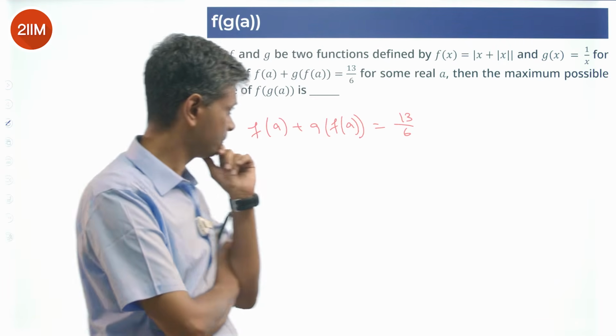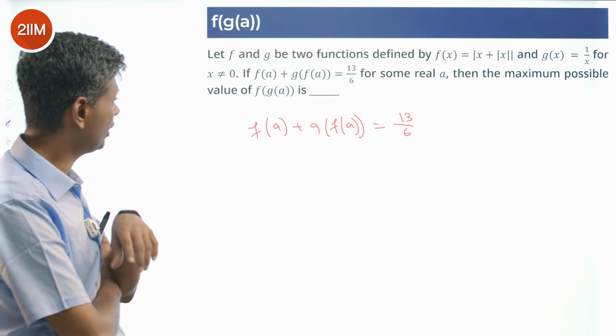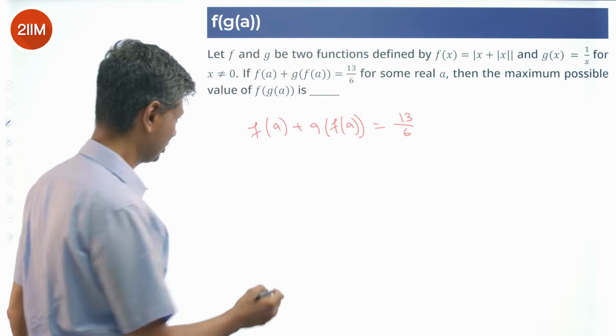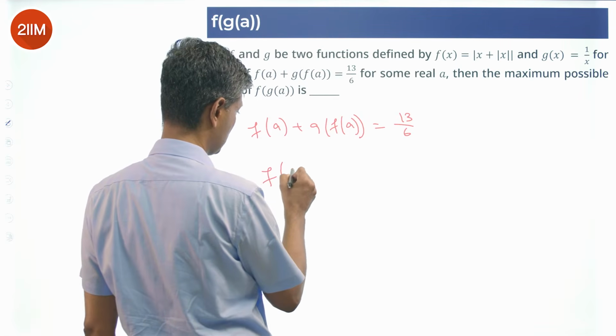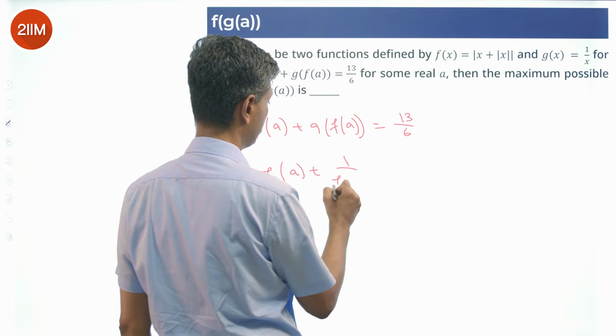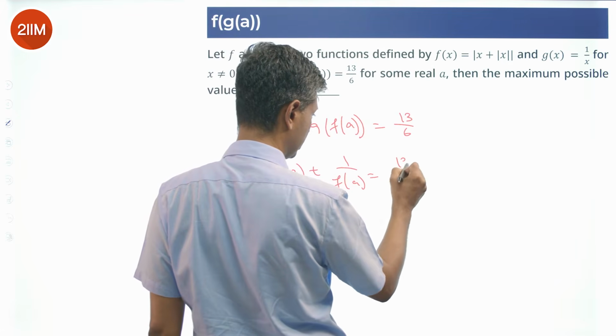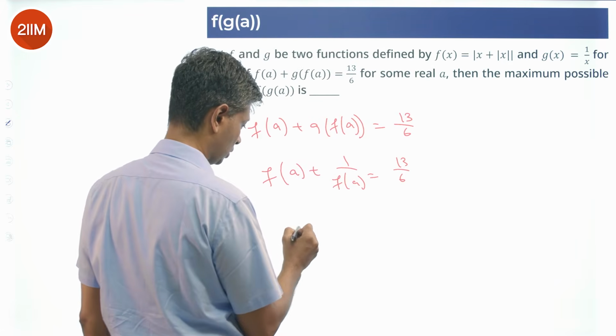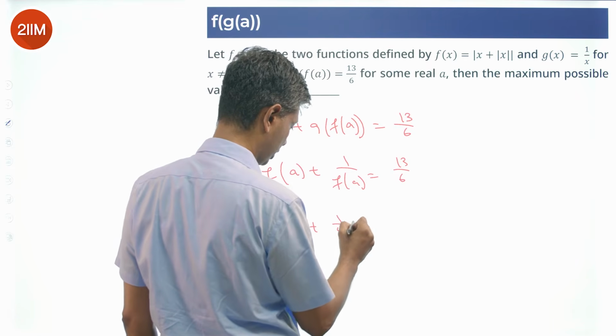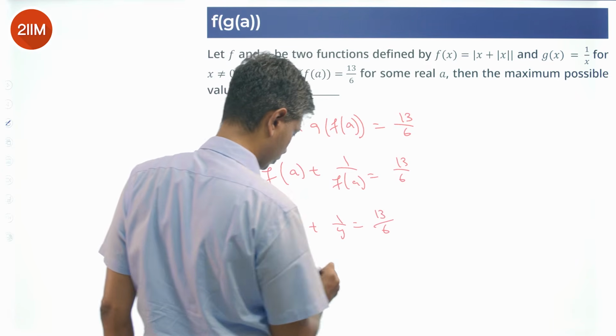And so this question is kind of telling us to think of this whole thing for a being positive. f of a plus g of f of a is 13 by 6, or f of a plus 1 by f of a is 13 by 6, or y plus 1 by y is 13 by 6.